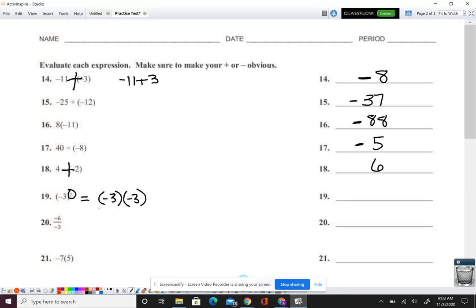A negative times a negative is a positive, and I can put that down. I don't have to put the plus sign down. And what's 3 times 3? 9. And I will tell you that people will get this one wrong. They will put down negative 6 for an answer.